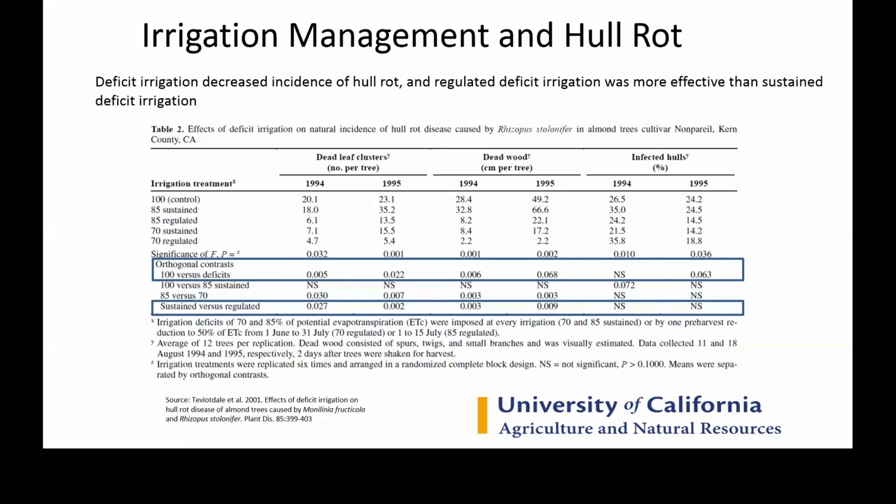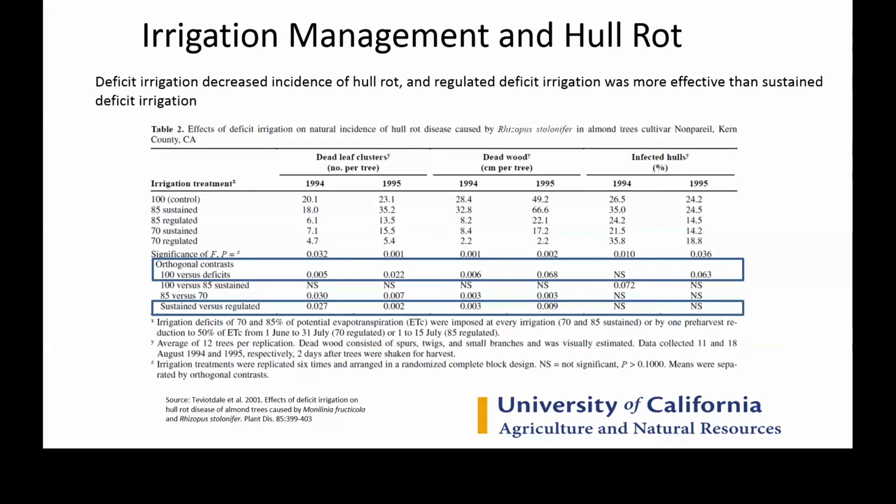So if you keep your irrigation as is, you will probably have hull rot due to the other factors. Let's say if you over fertilize with nitrogen, or if you have high inoculum in the soil, you might have a high incidence of hull rot.